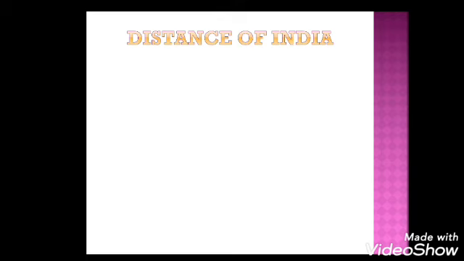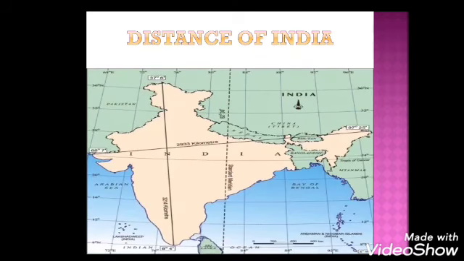As we have already seen about the distance from north to south and east to west, we can plot it on the map: from north to south its distance is 3214 km, and from east to west it is 2933 km.